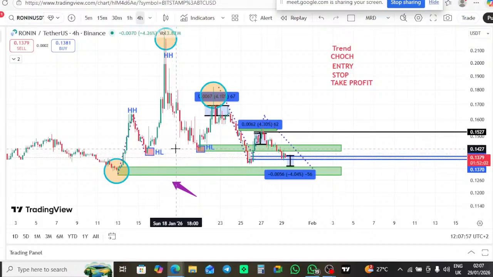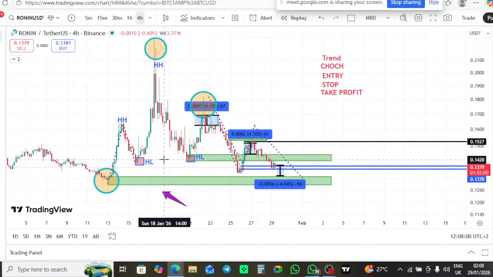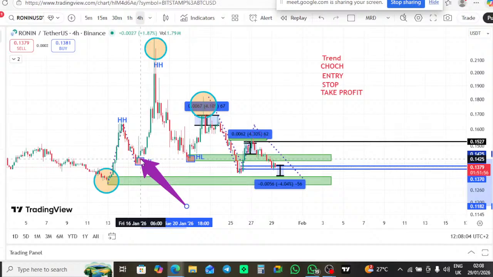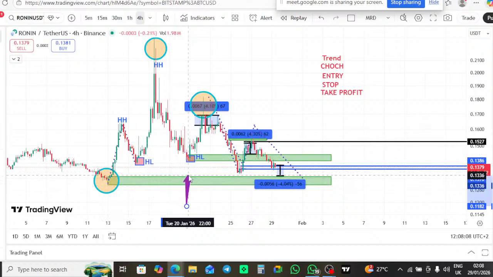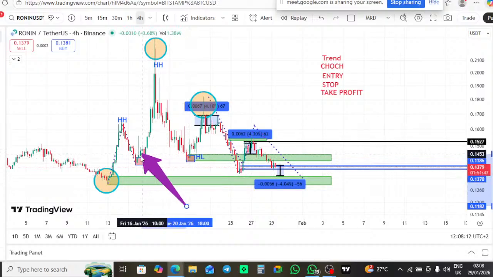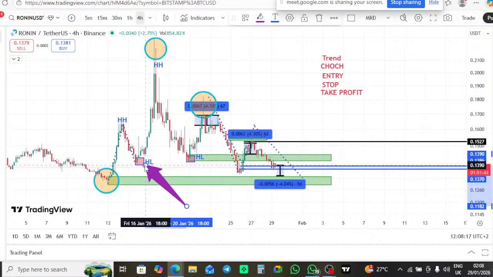Exactly. So even if the market drops, as long as it does not break the previous higher low. Perfect. We are still in a position to buy. As long as it respects this point, we are good to go. The market is still in the uptrend.